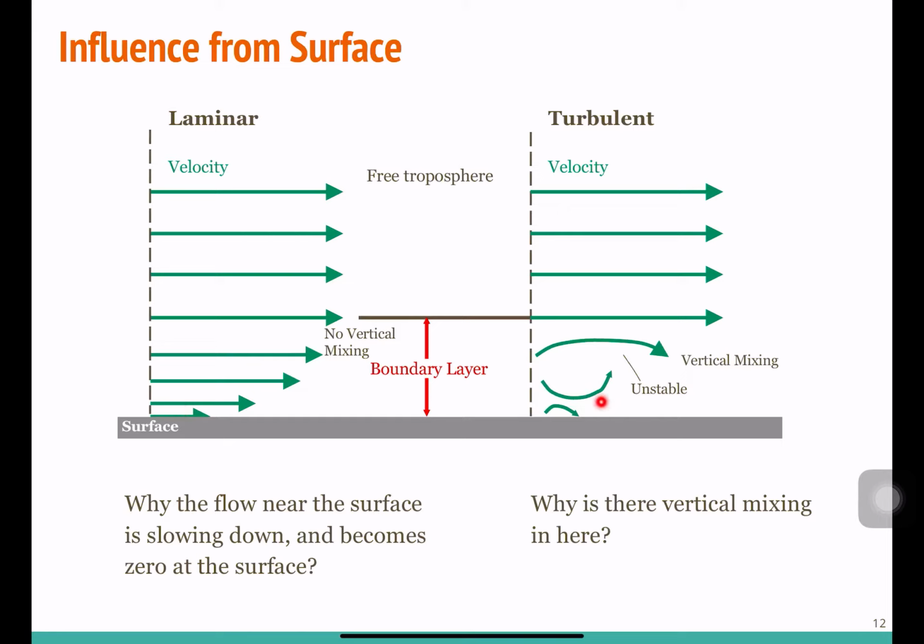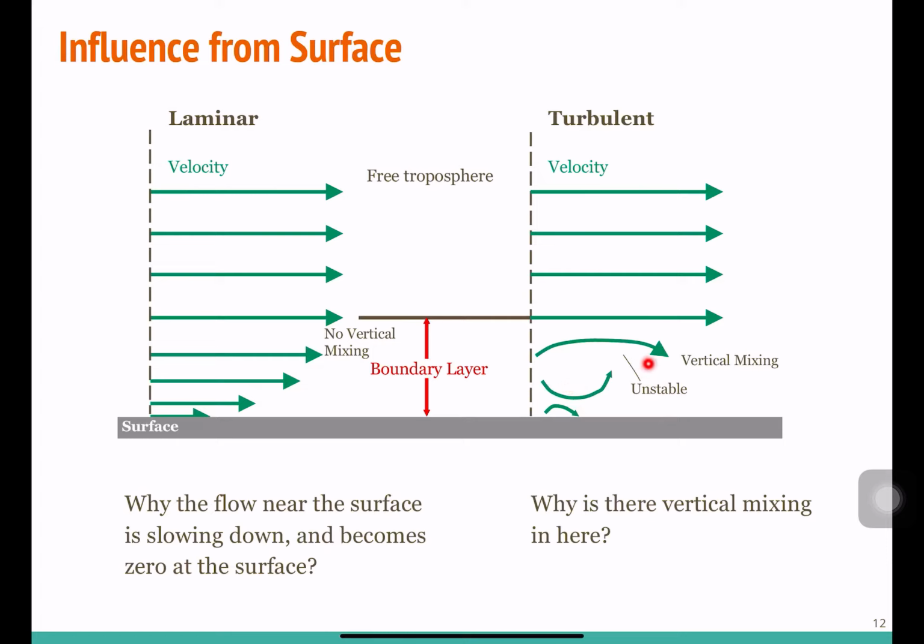So imagine that somehow you have some type of heating at the surface by the sun or some topography, then there would be some instability produced because of your topography or because of your heating, okay? And then you can see that there is turbulent flow because of that, okay?